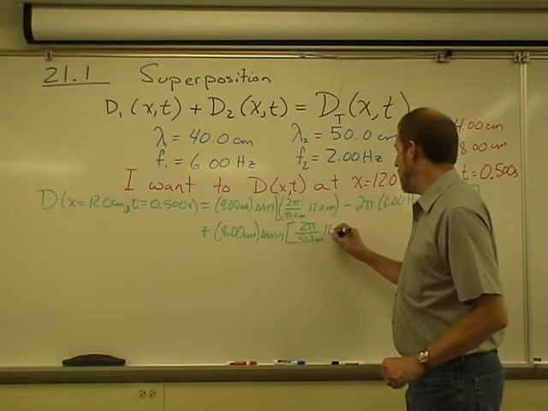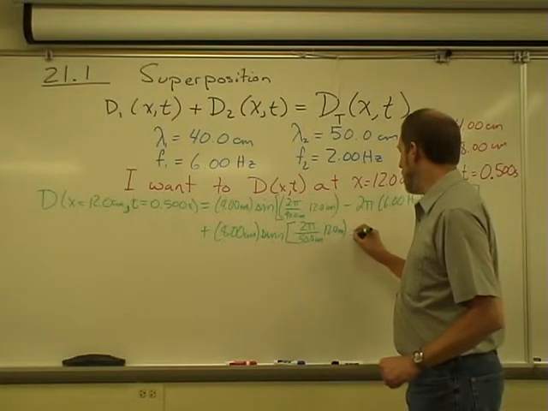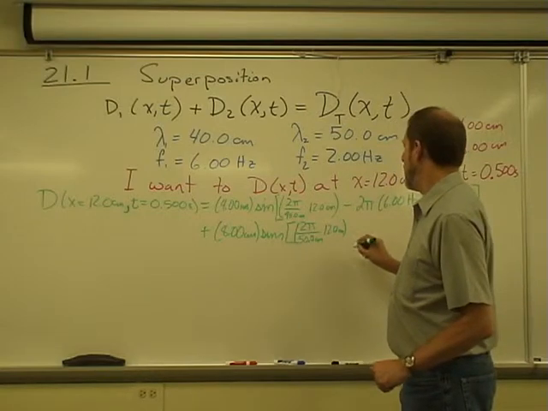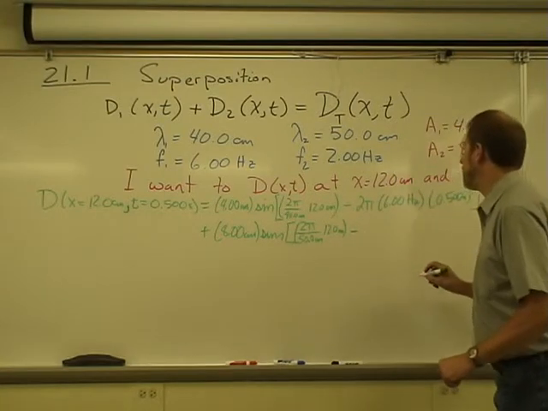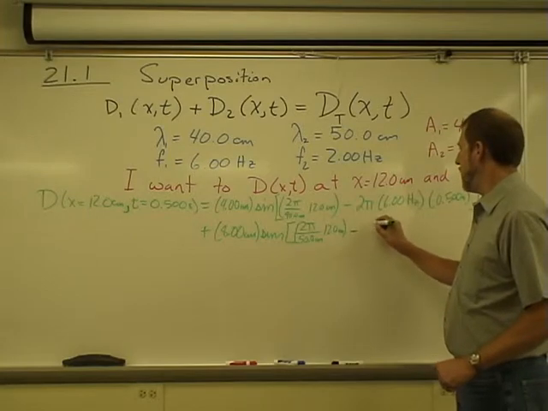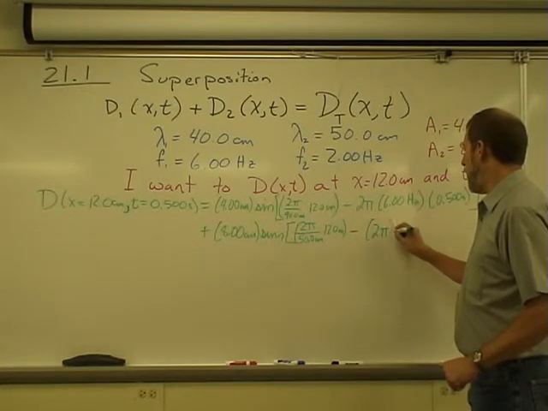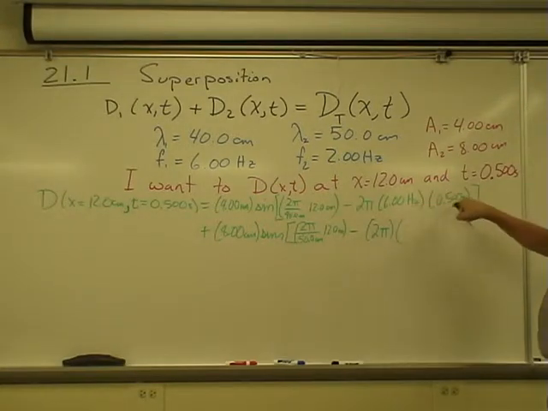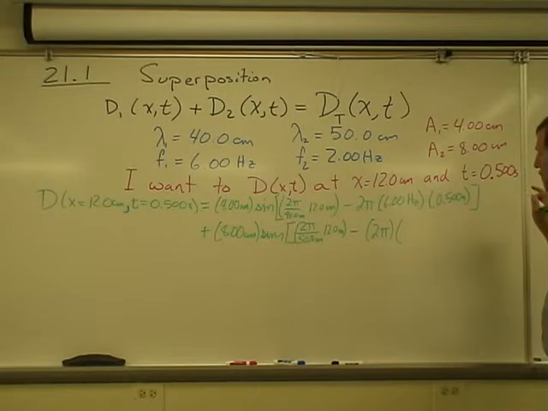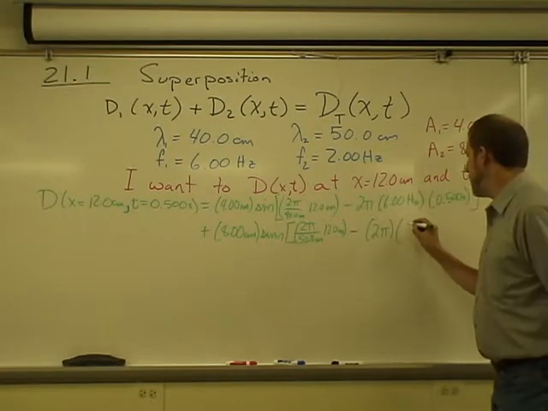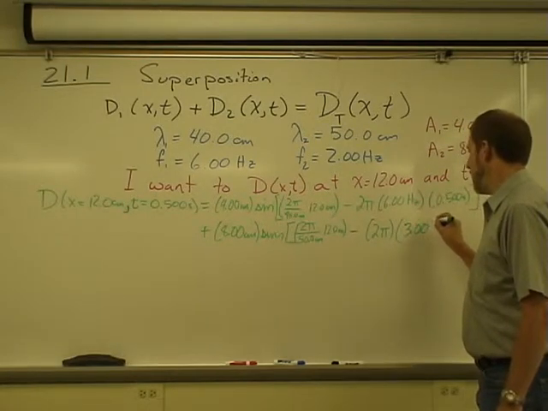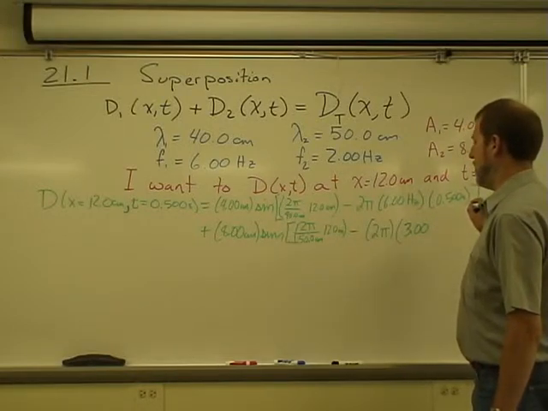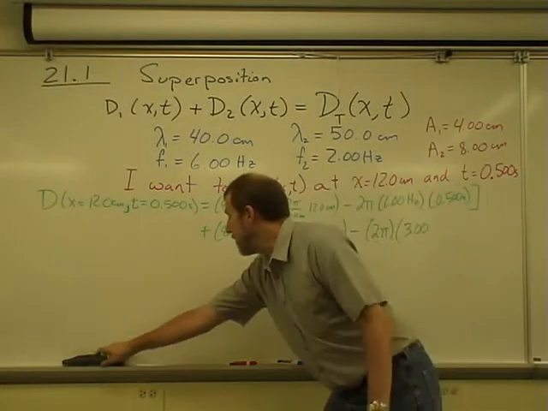So 2 pi over 50 centimeters times 12 centimeters, minus 2 pi times hertz, or 1 over second. So hertz times seconds is unitless. 6 times 0.5 is 3. Oops, foolish of me. I'm sorry, I should be copying this as it was before.